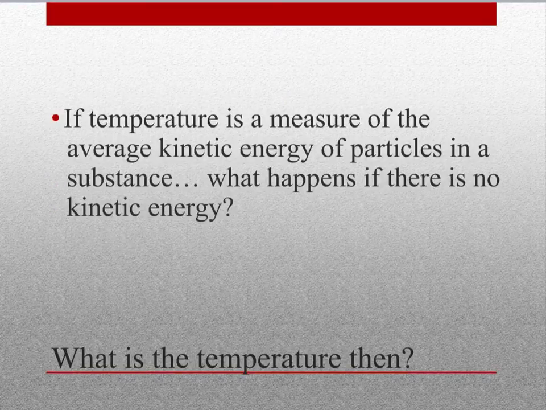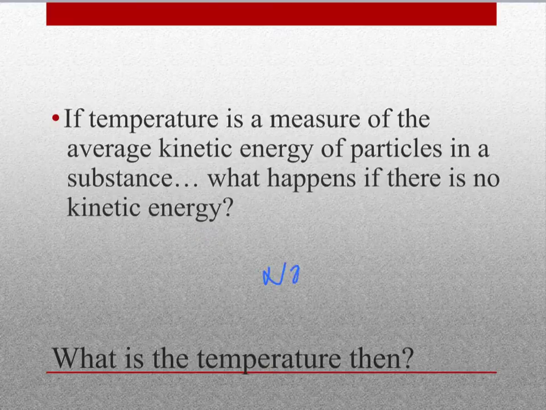So as we're talking about temperature, we defined it as the average kinetic energy of the particles. And so I've got a question for you. Since temperature is the measure of the average kinetic energy of particles, what happens if there's no kinetic energy? Okay, what would we have? Well, we would have no temperature, right?